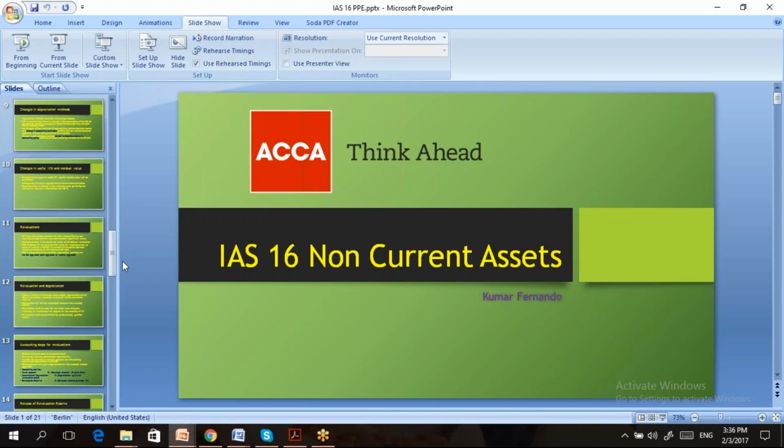Then we looked at another standard called IAS 23. It was all about accounting for borrowing costs. That is where we have what we call a qualifying asset. What is a qualifying asset? An asset that is going to get constructed or bought over a period of time, more than one accounting period.